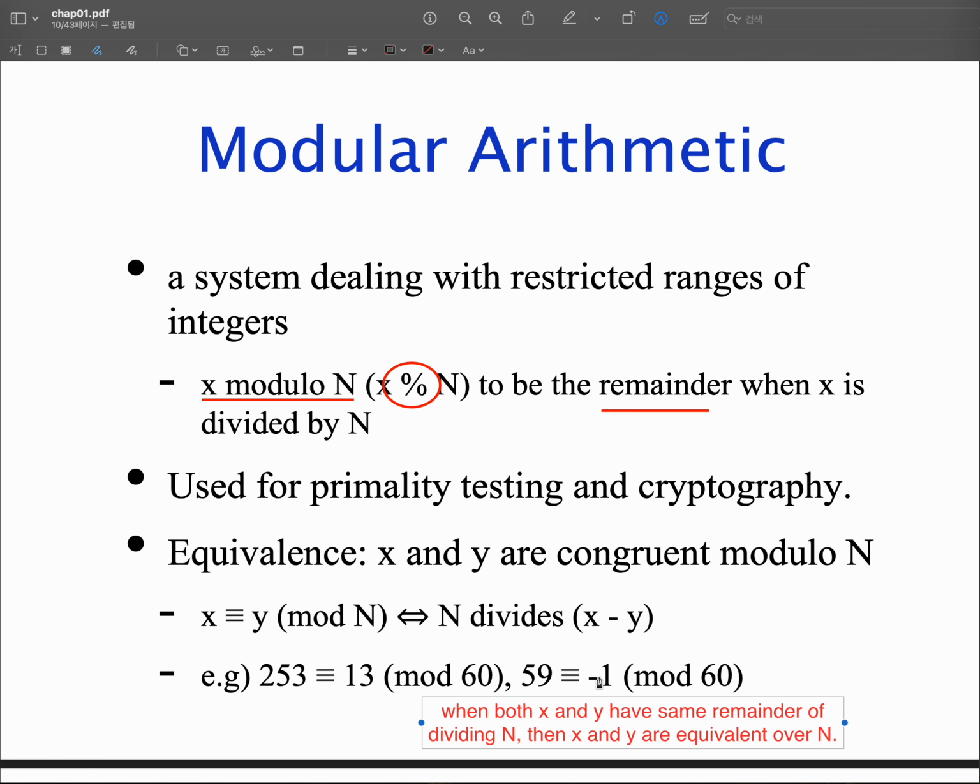And in this case, this is minus 1. It's not intuitive. When you divide something, you have a remainder, and the remainder value is minus 1. It's not that familiar, but no problem, you can take a negative value. So still, 59 and minus 1 are equivalent over modulo 16.